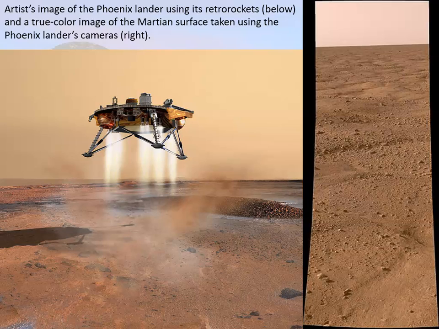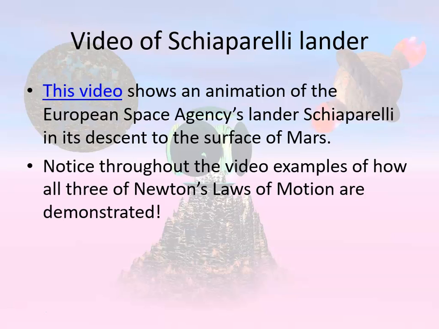In fact, they went one step further than this with the Curiosity rover that has been exploring a large region of the surface since, I think, 2013. It stayed above the ground, and then it used a screw mechanism to unscrew a platform that very slowly lowered the rover to the surface, because it's a very complex, very delicate craft, so they needed to be really careful with that one.